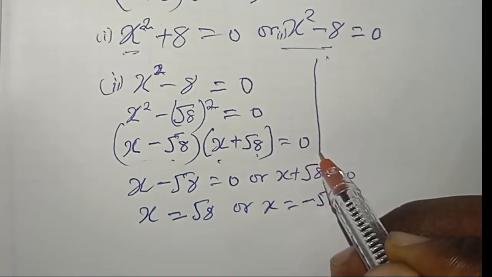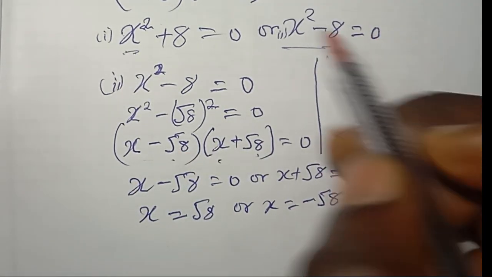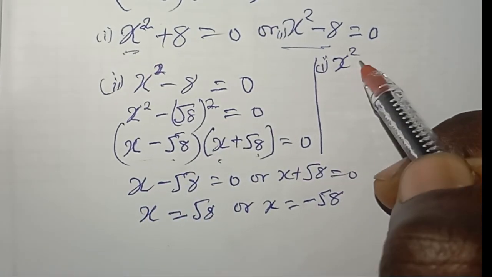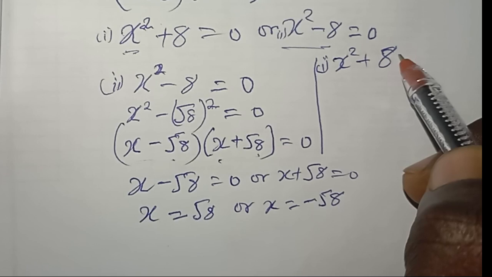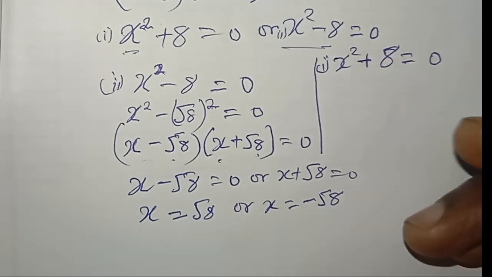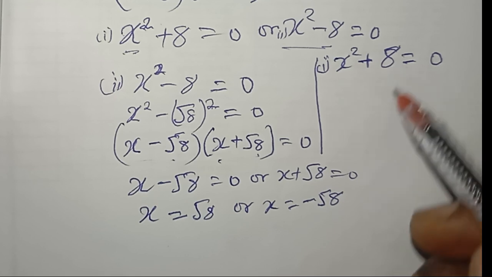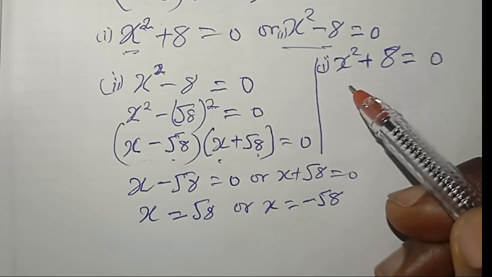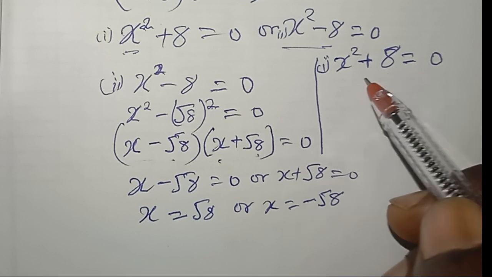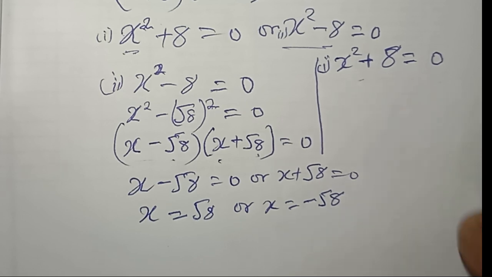So let me put this draw line here, and then the case 1 we've got x squared plus 8 is equal to 0. Of course if you watch very well, this is not actually going to be giving us a real root, so we expect to get a complex root right here.